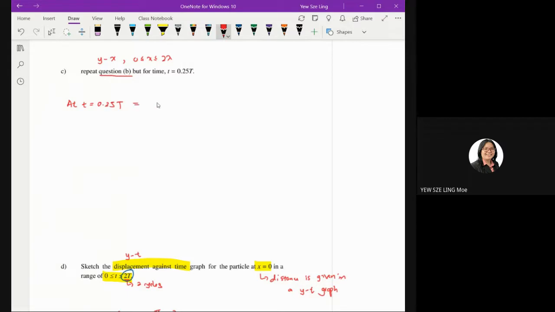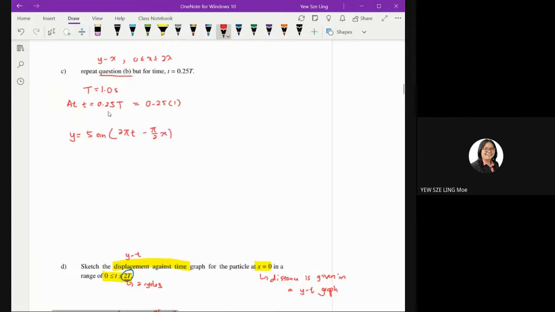So it is equal to 0.25 times 1, because given capital T is equal to 1 second, according to the equation above: y equals 5 sine (2 pi t minus pi over 2 x).